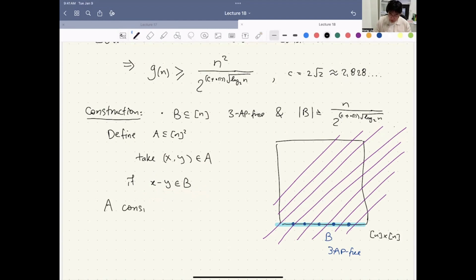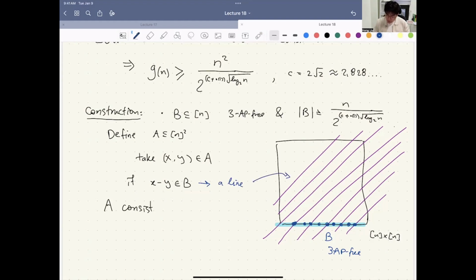A consists of, remember, for every point in B, it generates one of these purple lines. I didn't draw all of them, okay? So this is actually a line here.